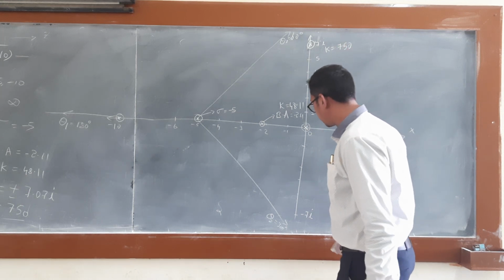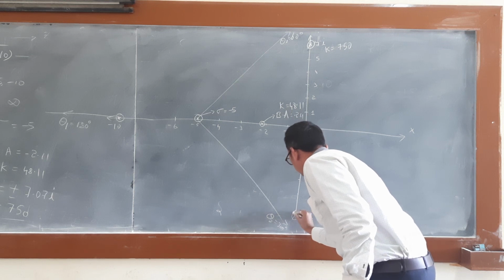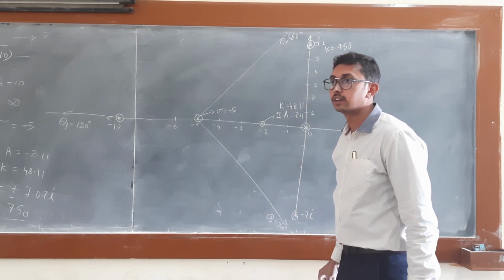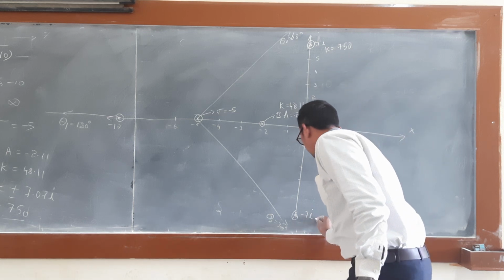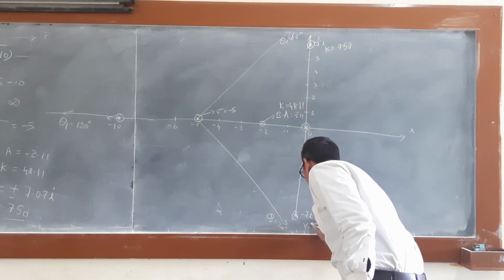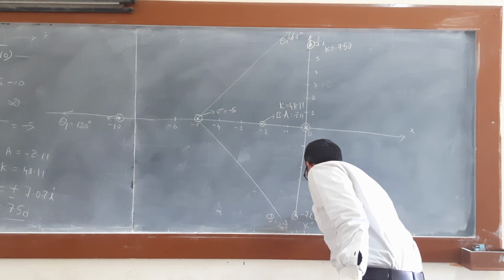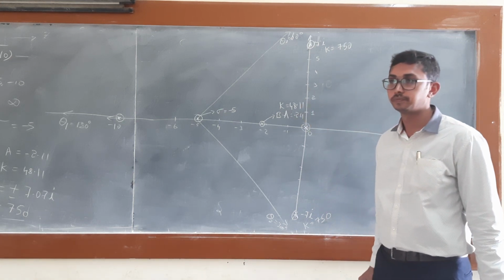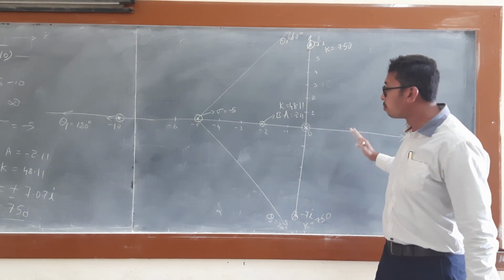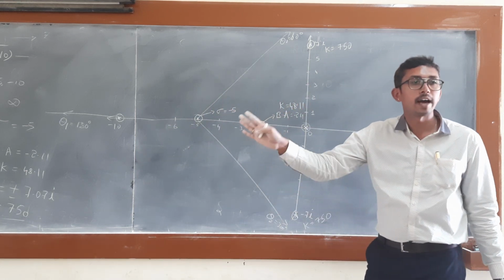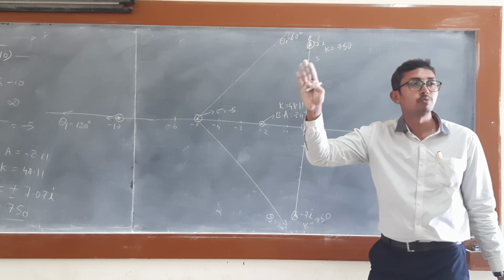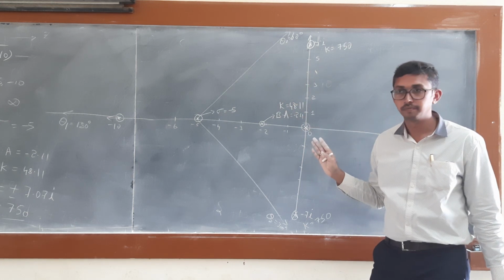And also it is going to intersect at minus 7.07j. So this is also K is equal to how much? 750. So now I have marked all the data which we have calculated from step number 1 to 7.